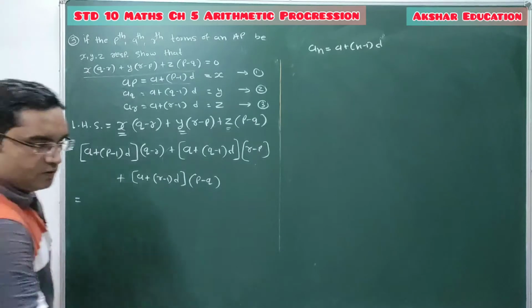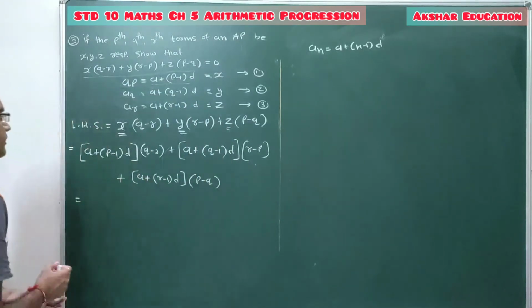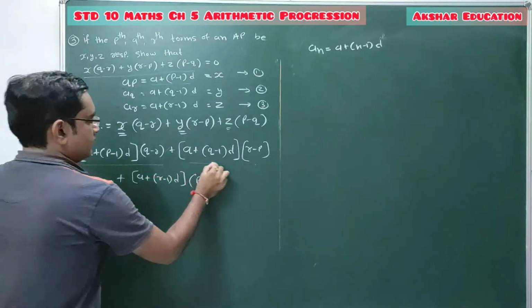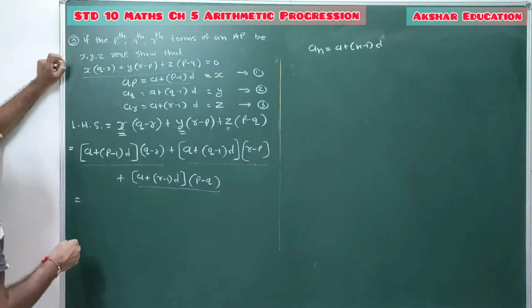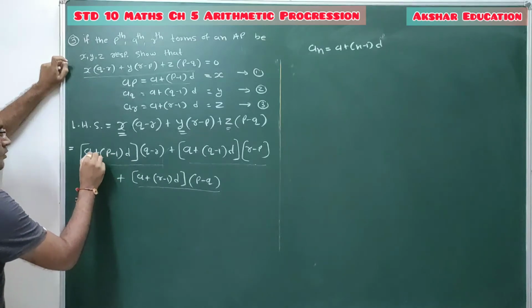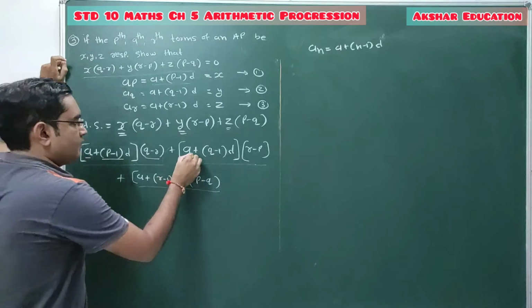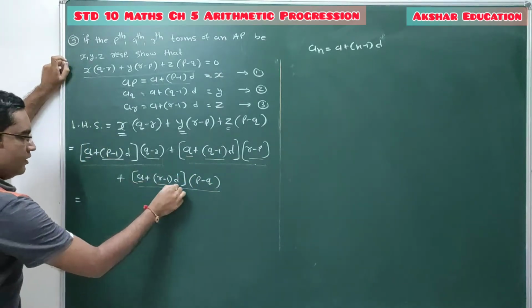Now students, we have to simplify this one. So here first perform the multiplication of this bracket, this one and this one. Total 3 terms are there. For the first term, it is multiplication of this binomial with a monomial, and again binomial with monomial.